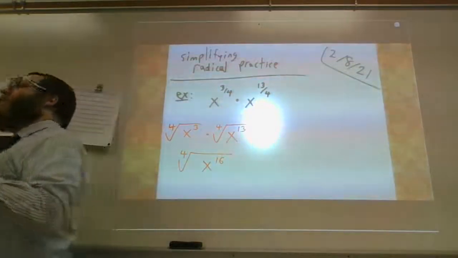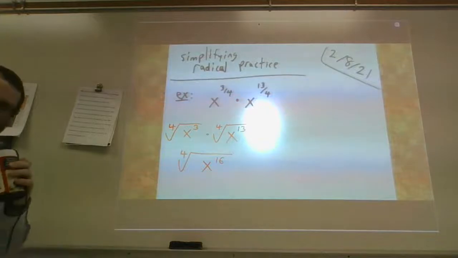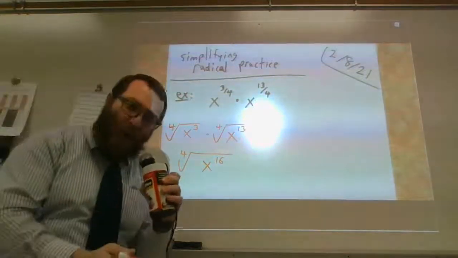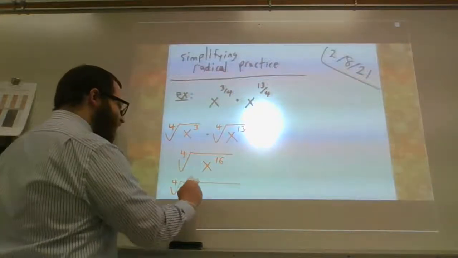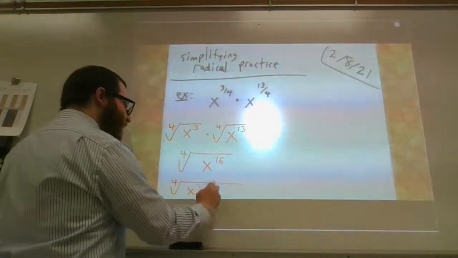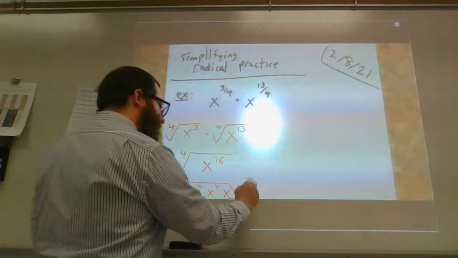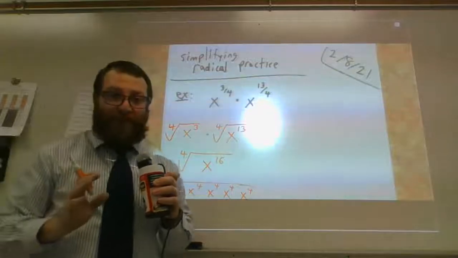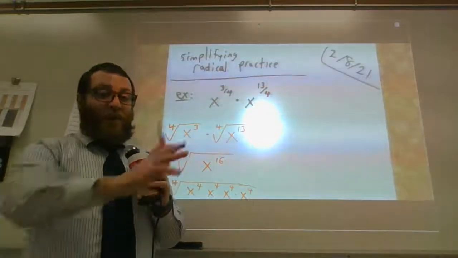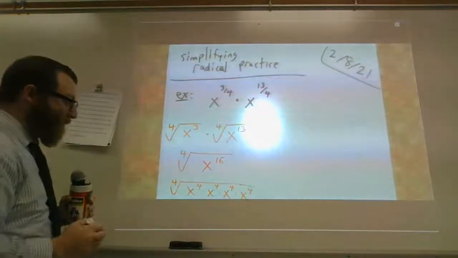Now, it's a fourth root. The only way to escape a fourth root is by having a perfect fourth power. Well, this is a fourth root of x to the 4th, x to the 4th, x to the 4th, x to the 4th. This is a very long, drawn-out problem. And I'm just reminding you, I'm going to erase all that because that's not what I'm putting in my notes.